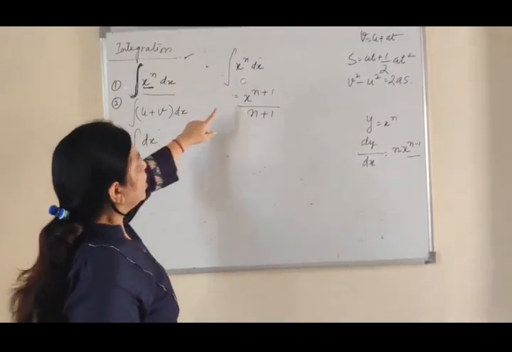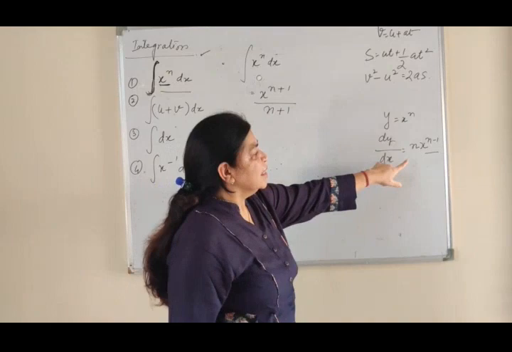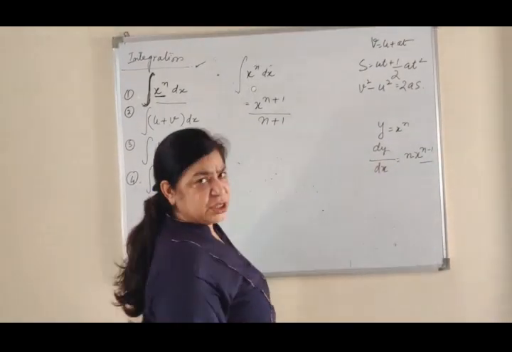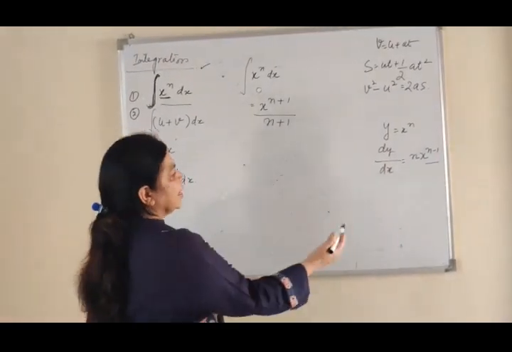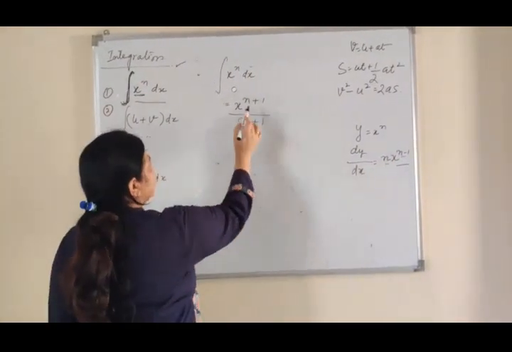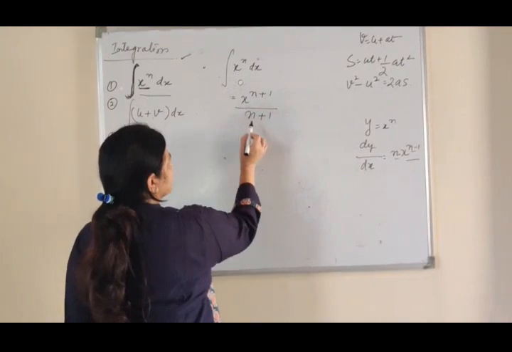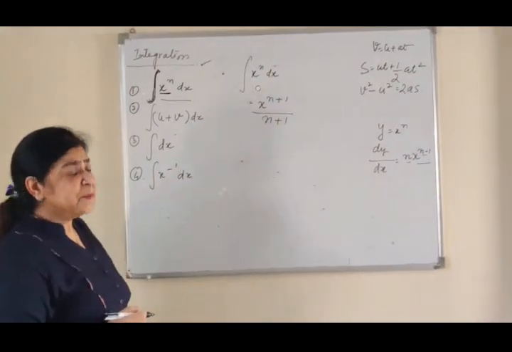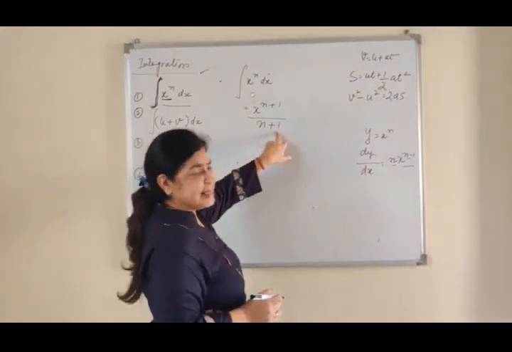Now you can see that we are doing the whole phenomena just as we have done in the differentiation, but in the reverse manner. Here we multiplied with n and reduced the power by 1. Here we have increased the power by 1 first and then we have divided by this increased power.